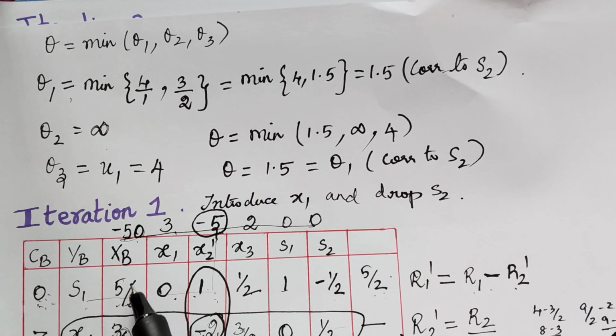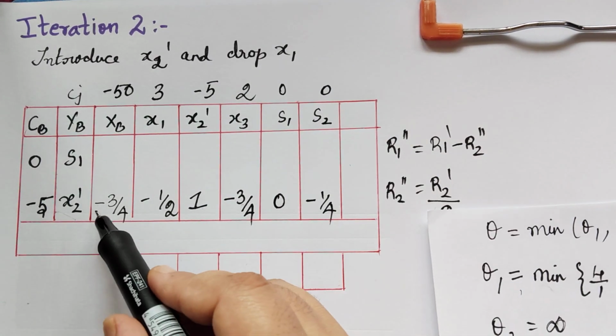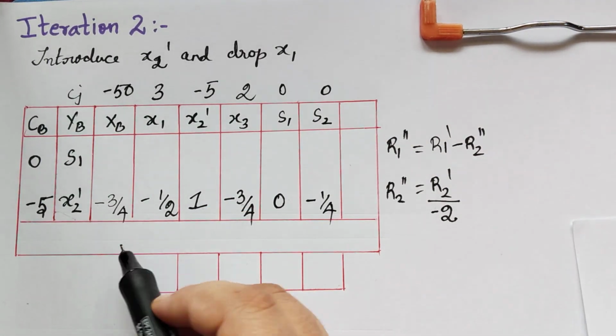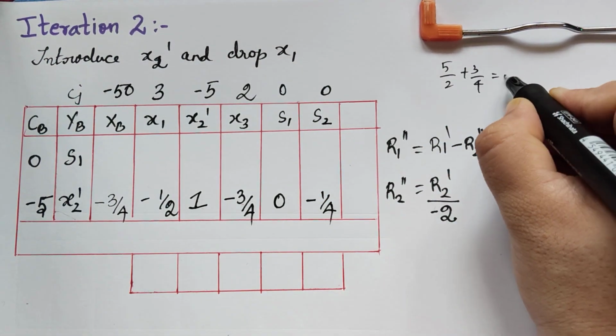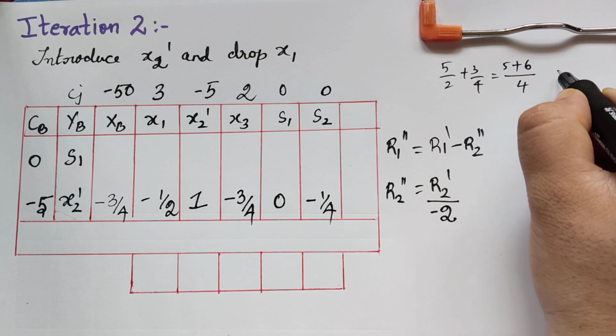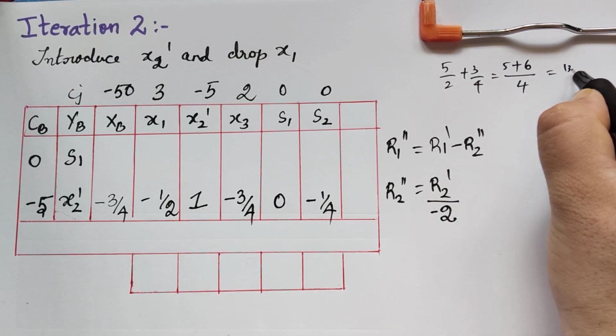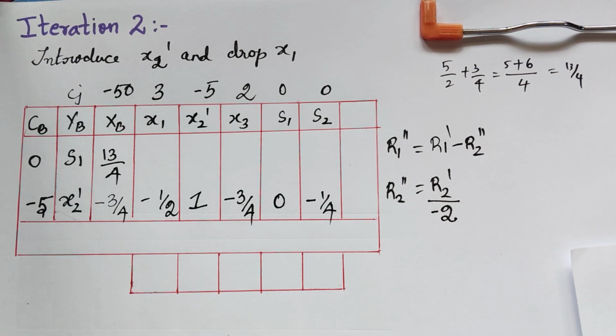So first we will see for this element 5 by 2. So 5 by 2 minus of minus 3 by 4, so 5 by 2 plus 3 by 4. The LCM is 4, so 10 plus 3, that is equal to 13 by 4. So we will write that 13 by 4.